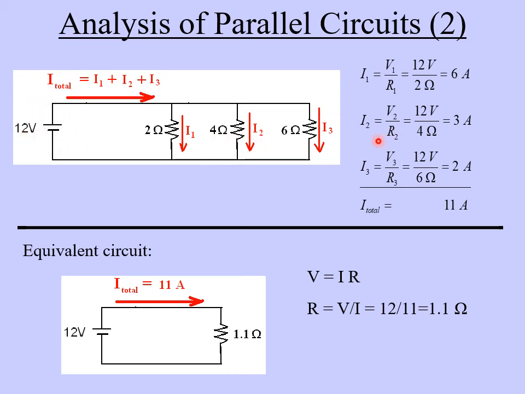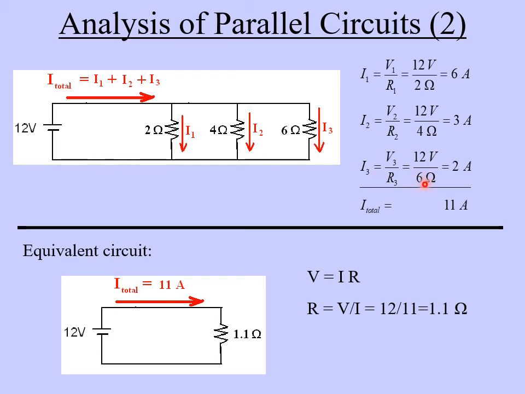So for this current here, we have 12 volts divided by 4 ohms, right? This is the 4 ohm resistance. 12 over 4 is 3. So I have 3 amps going down this leg of the circuit, or this path. Finally, for this one here, again, the voltage across this resistor is 12 volts because I can trace all the way back directly to the battery, and it's a 12-volt battery.